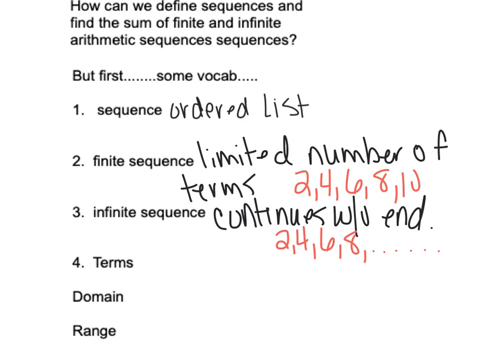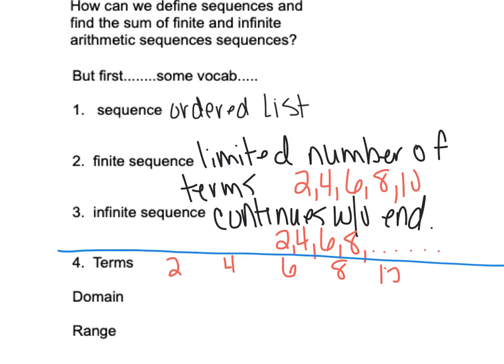When we talk about the terms in a sequence, okay, let's say the terms in our sequence are what we have up here. So our terms are going to be 2, 4, 6, 8, 10, and then we don't know where our sequence ends, but it'll end at the nth term.